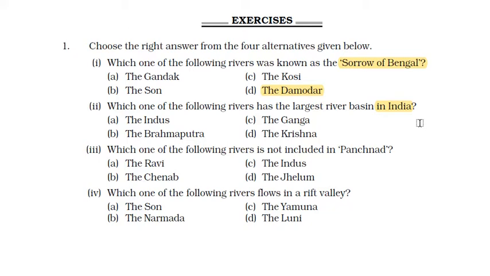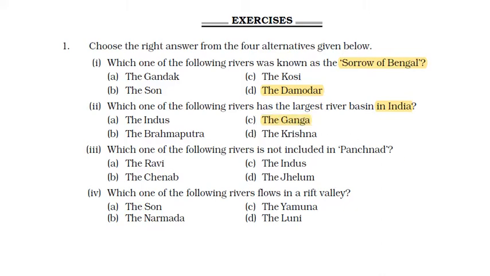So you know that if we are talking about the overall river basin, the Indus river basin is larger than the Ganga. But as it flows majorly through Pakistan, the correct answer for this question is river Ganga.